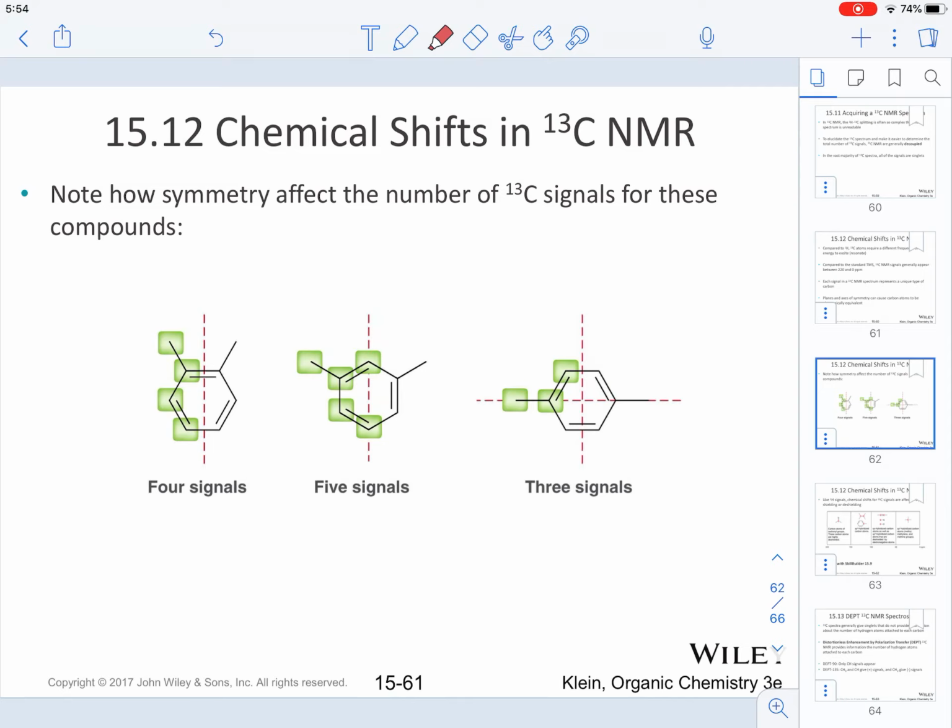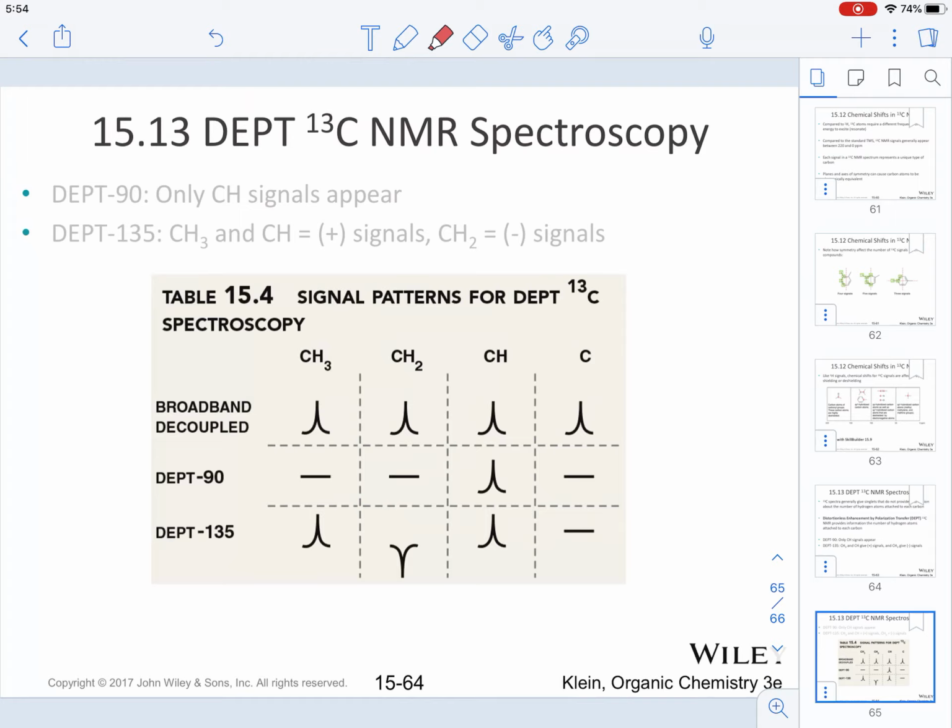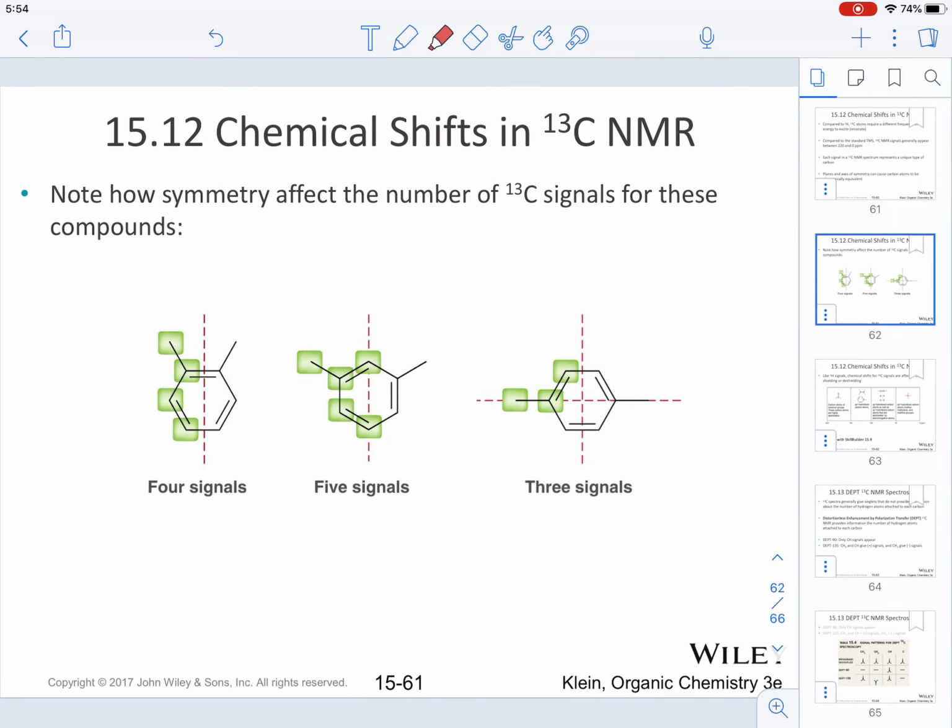Now, we just established that for those molecules, the dimethyl groups that are substituents on the benzene, the proton NMR will show different signals. If we did a carbon NMR on them, there will also be different signals appearing in the system.